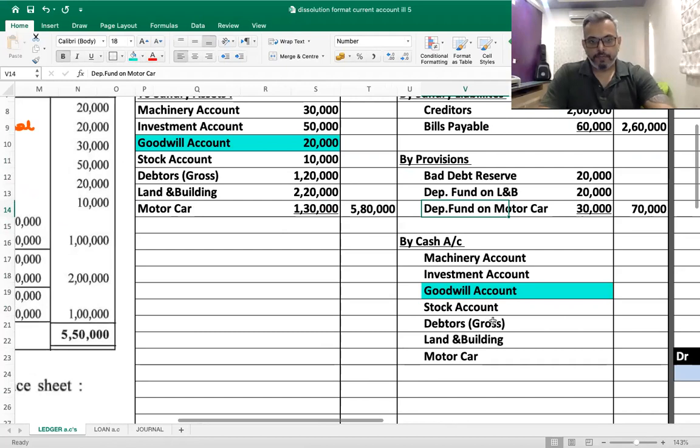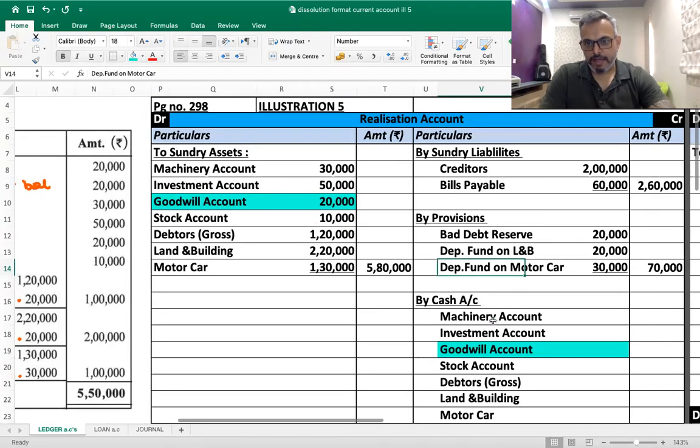Now, सबसे पहले let's go one by one. That's the best way to do it so that we don't miss out anything. Machinery.